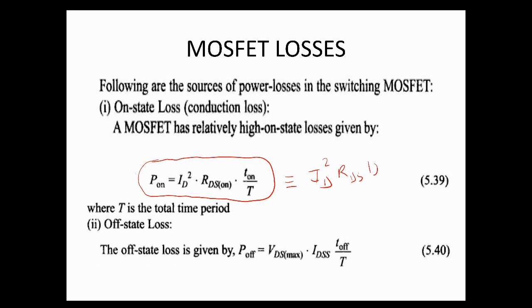The off-state loss. You normally apply this formula for your off state: the maximum drain source voltage times the drain source current, and of course the ratio of off time to the period. So you can envision what is happening here.